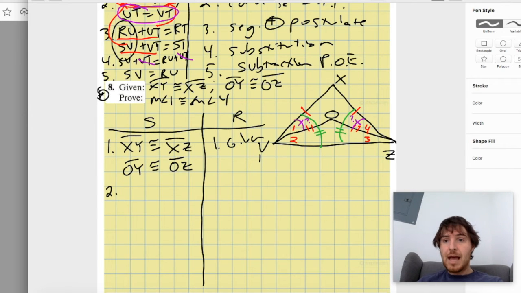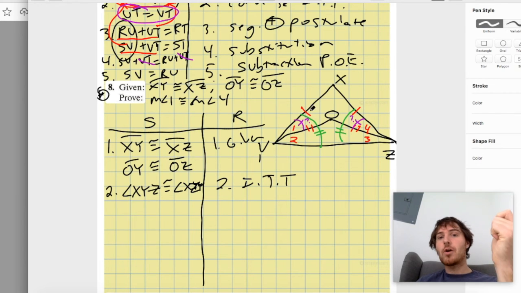So here, what would follow from this top premise is that angle XYZ is congruent to angle XZY, and that is the ITT. Ooh, sorry. Yes, the ITT. Ooh, you've got to double check yourself. Check yourself before you wreck yourself. We started with sides being congruent, and we're ending with angles congruent.